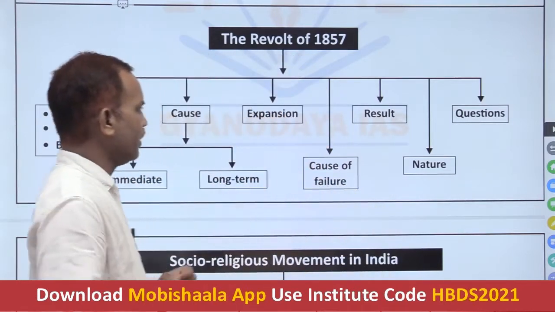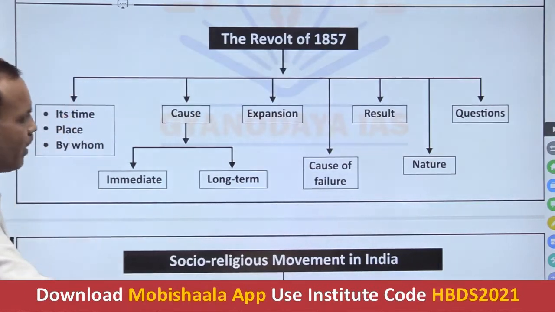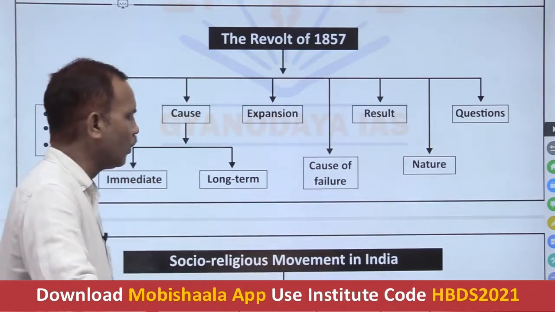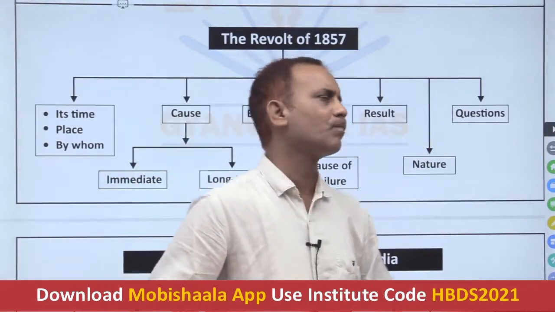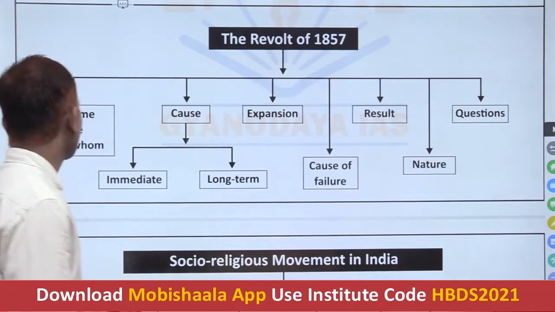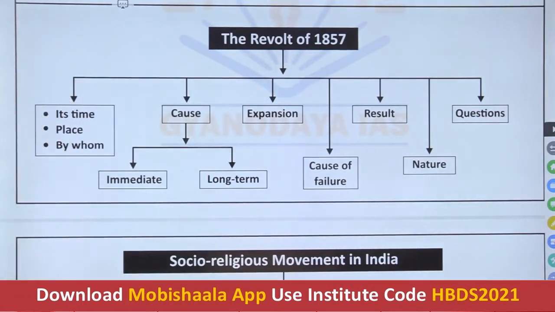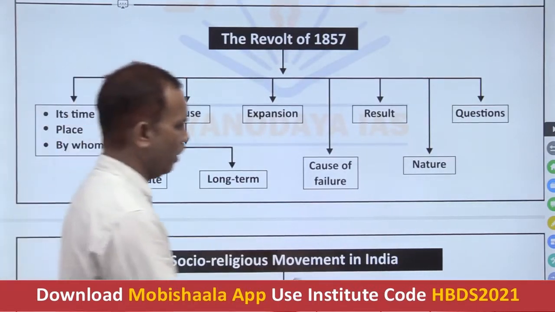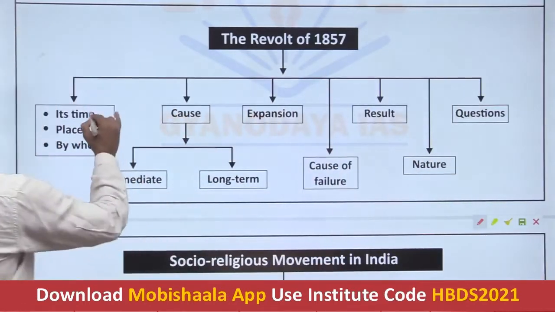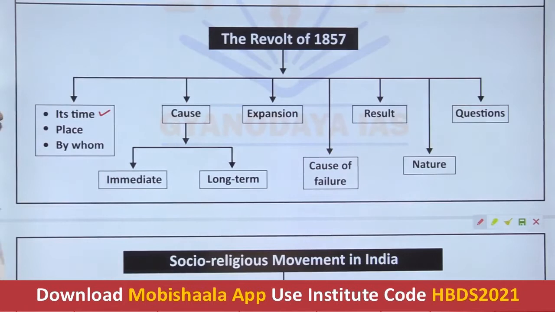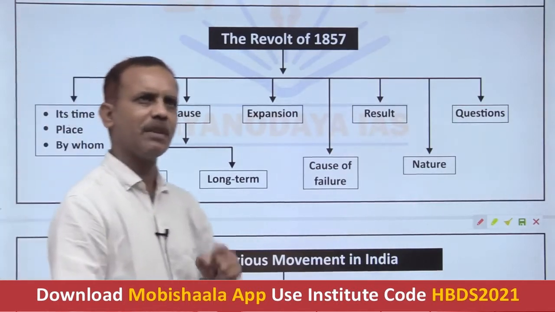For your convenience, I have classified this topic into various small components, units. For example, the first point is the time of the revolt of 1857.